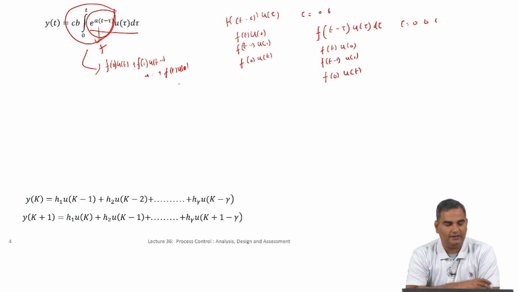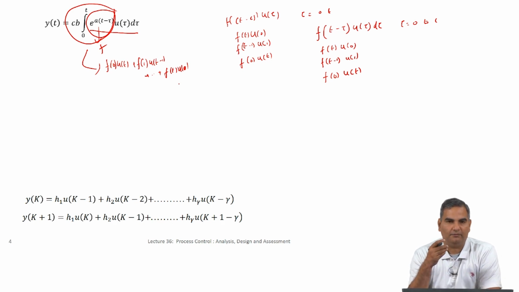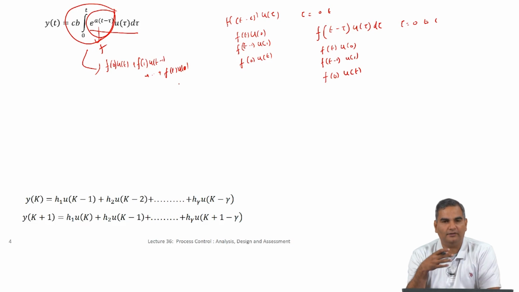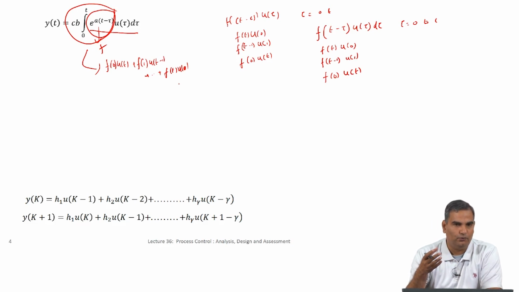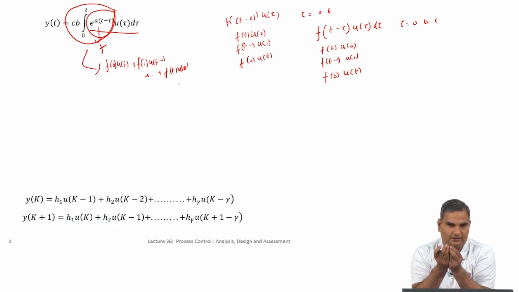What we are basically saying is, if I have made control moves starting from time t equal to 0, 1, 2, 3, all the way up to t, and I want to know the effect of all of these control moves on y of t, then every control move is weighted by some function, and that function is, let us say in this case, f of 0, f of 1, all the way up to f of t.